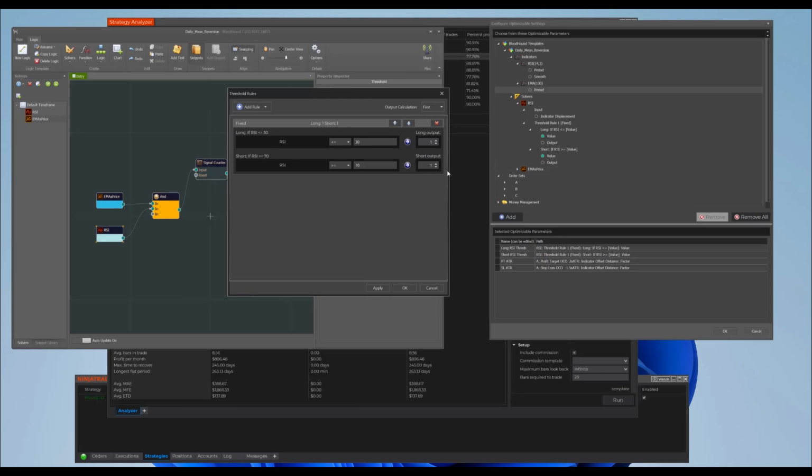This particular piece here corresponds to this threshold rule here, right? We're looking at the long, and the value is 30. That's what this value is. That's why I selected it, because I wanted to be able to play with that 30 line, and vice versa down here, I wanted to play with the 70 line on the short side.